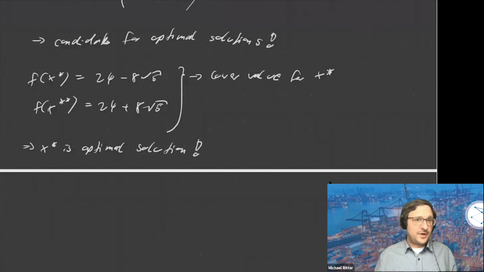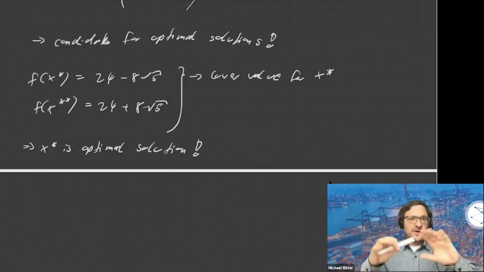Okay, so we have two candidates. We eliminate one by just comparing the function values, and that means only one is left. So the only question is, does that function actually have a minimum? Maybe none of these are a minimum. And the answer would be, yes, it does, because the objective is continuous.